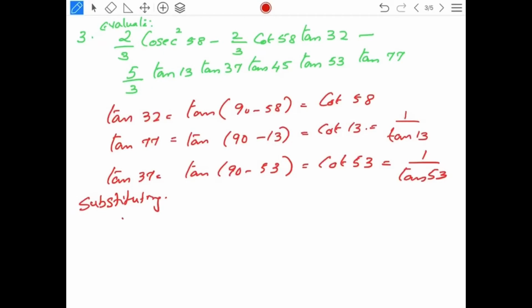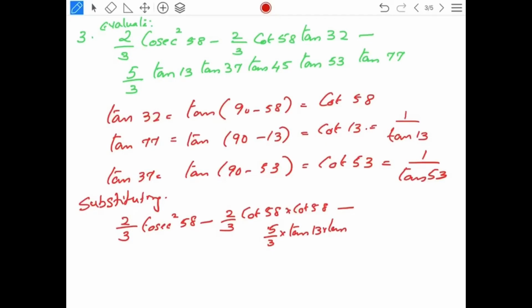Substituting, we will get 2 by 3 cosecant squared 58 minus 2 by 3 cot 58 into tan 32, which is again cot 58, minus 5 by 3 into tan 13 into tan 37 into tan 45, which is 1, into 1 by tan 53.